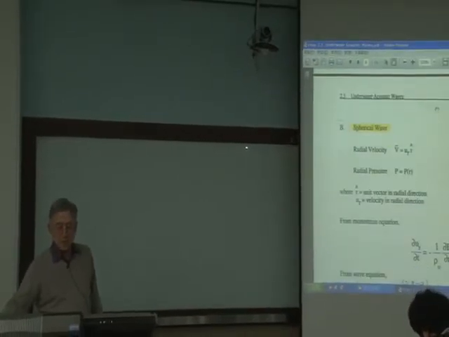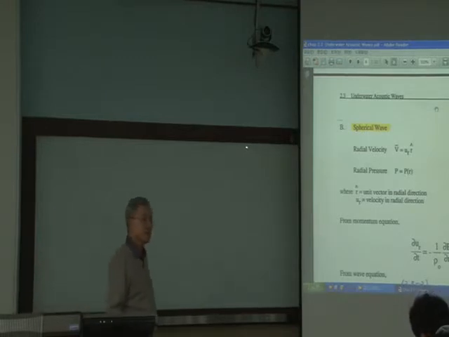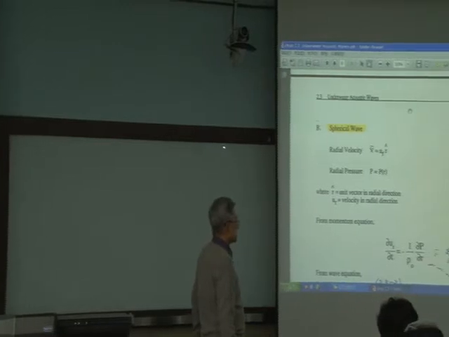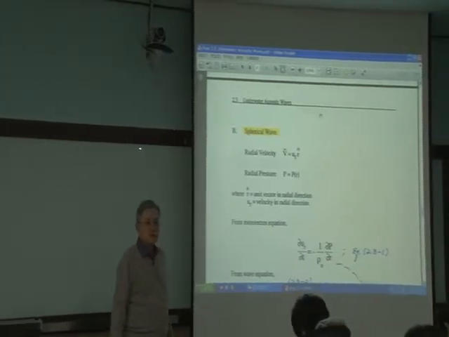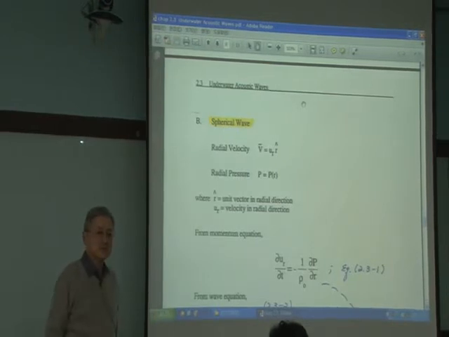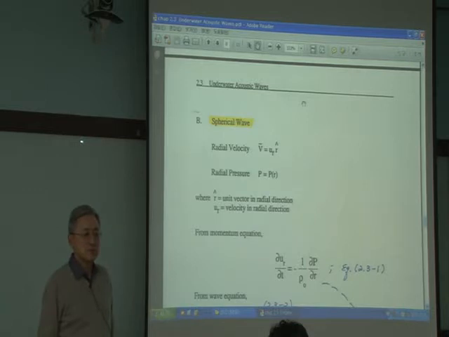Now the spherical wave. We did a plane wave, and now a spherical wave. What's the basic difference between the plane wave and the spherical wave?